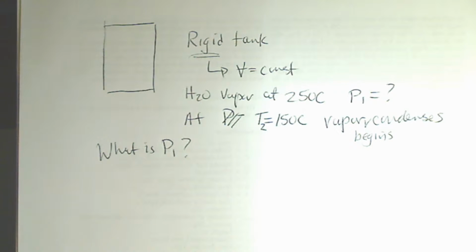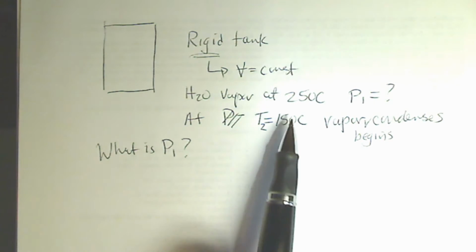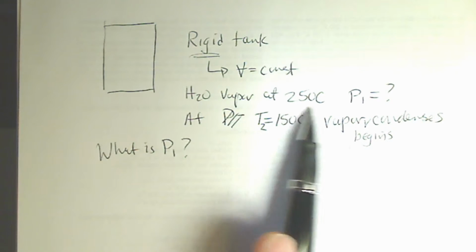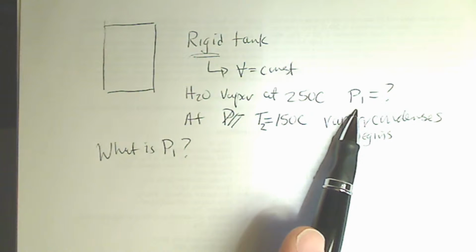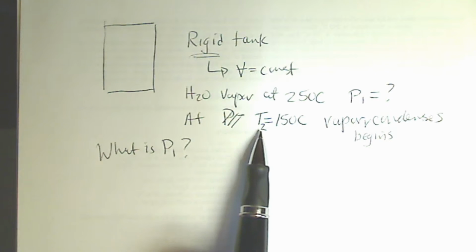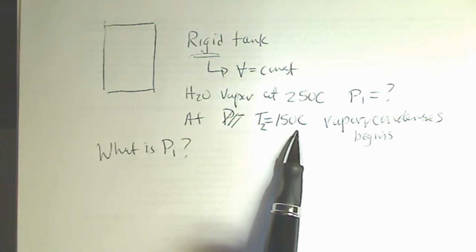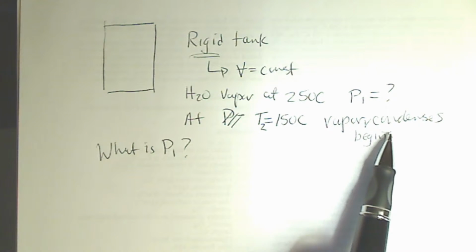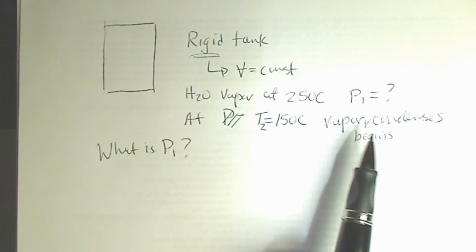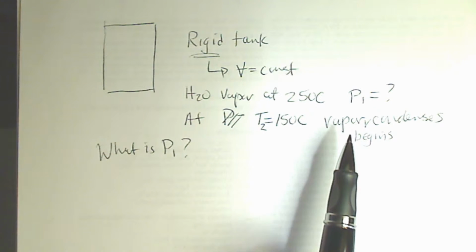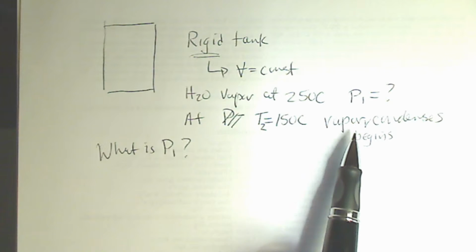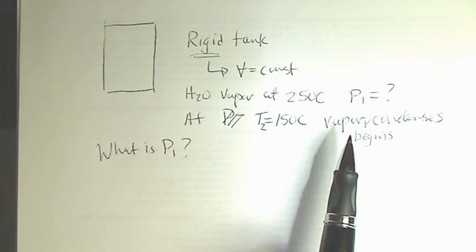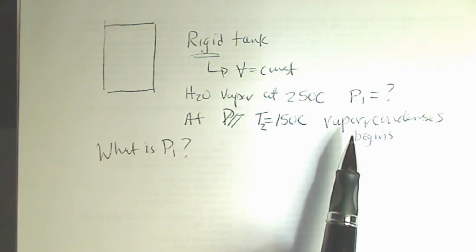We've got two states: an initial temperature and an unknown pressure, and a final state, which is a temperature and a suggestion that the vapor begins condensing. What do we know about thermodynamic states, specifically the property diagram for a pure substance that changes phase?